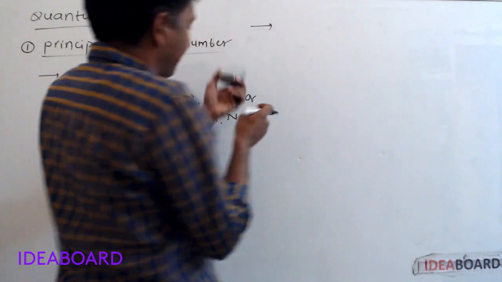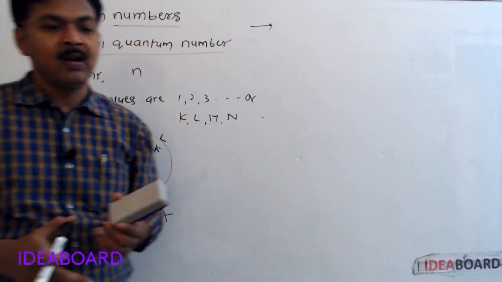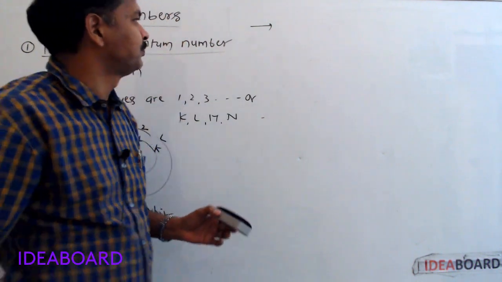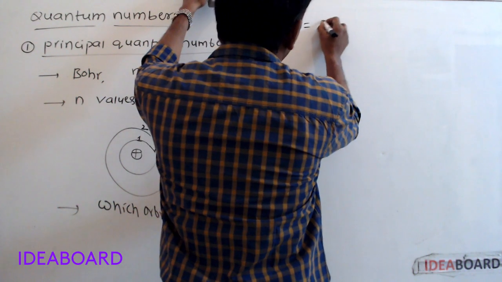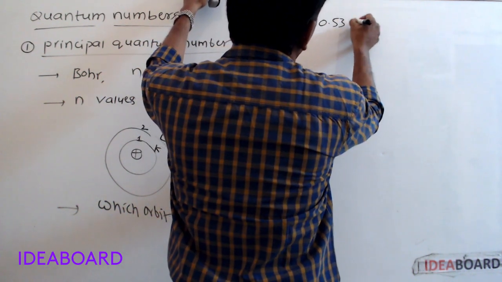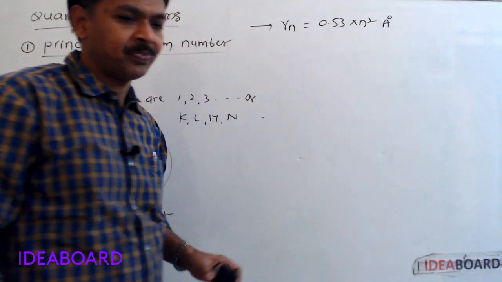It also gives the radius of the orbit, the energy of the orbit, and the angular momentum of an electron. The radius of the nth orbit is Rn = 0.53 × n² angstroms for hydrogen.